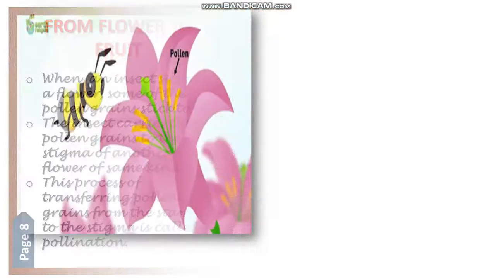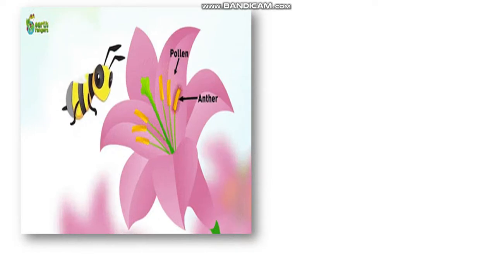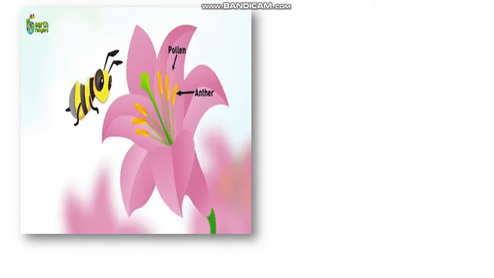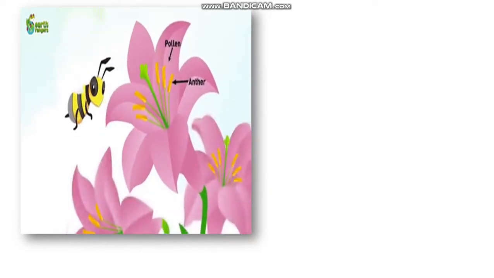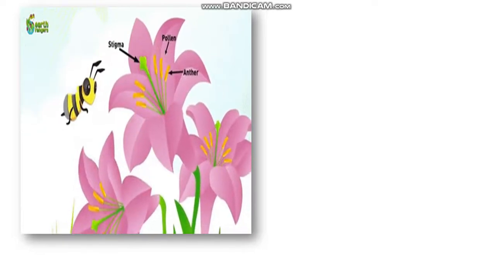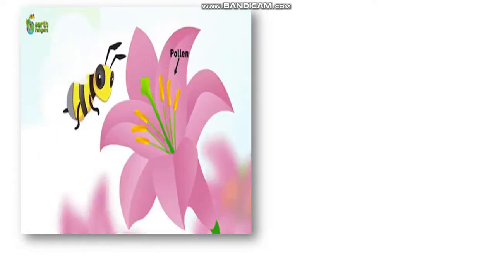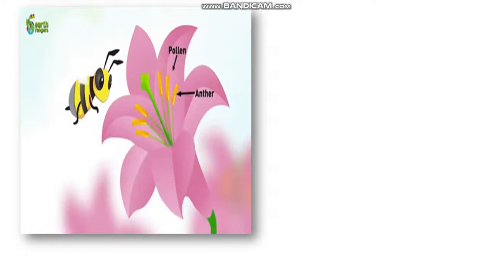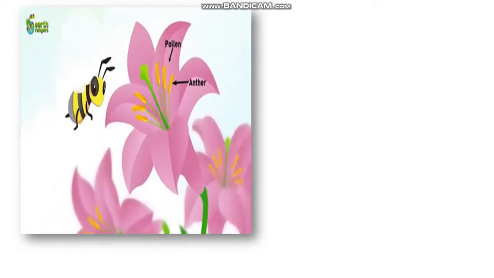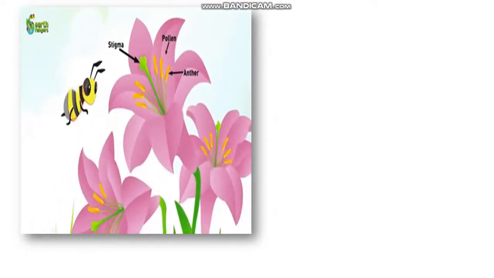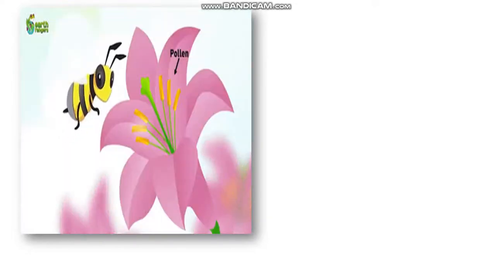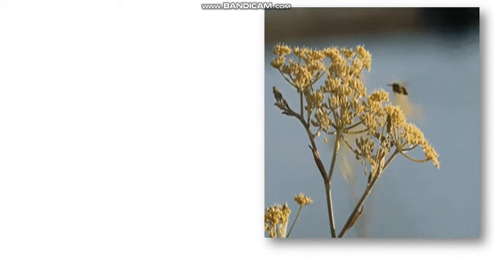What happens in pollination is an insect comes around the flower, and we all know that anther, pollen and stigma are parts of the flower which are always there. It goes in need of nectar. After that, it's not necessary that the bee goes again to the same flower.